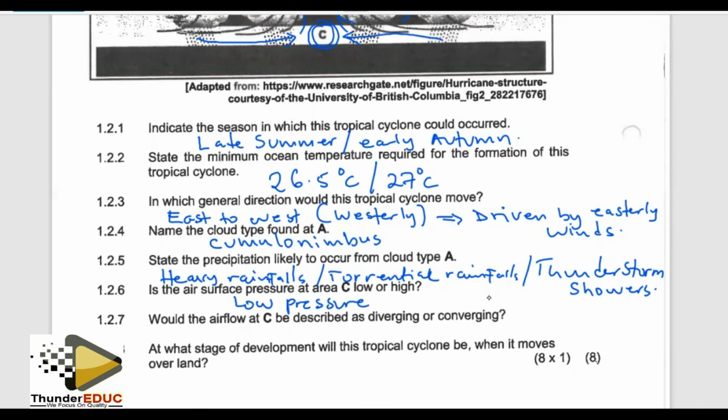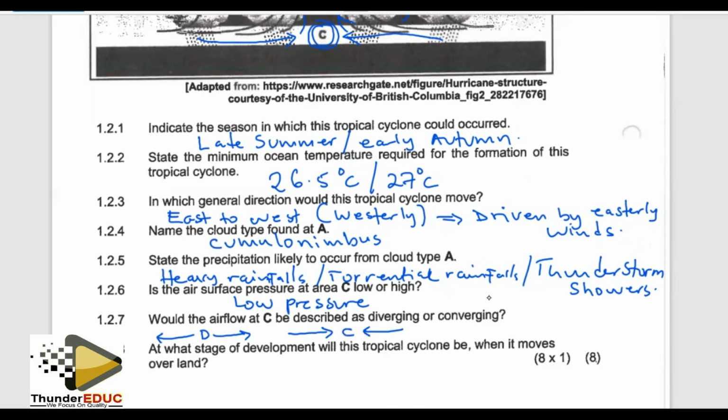1.2.7, would the airflow at C be described as diverging or converging? And I think I just explained that one in the previous question. So remember, to diverge is when air moves away, and to converge is when air moves towards the same point.